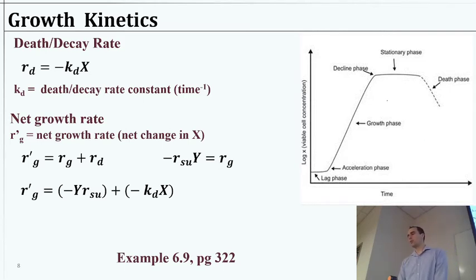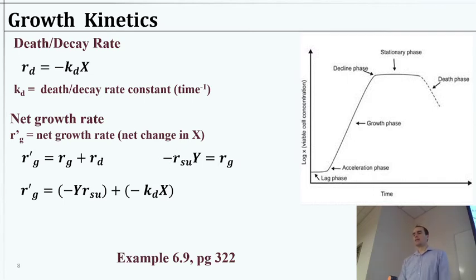So even during this growth phase, we technically have some death happening, and that's going to be factoring in, but we're growing at such a fast pace, and there's not a particular reason why they're starving at that point, that it's just way outmatched by the growth. So we can define R prime of G as R of G plus R of D. Since the negative is captured within that, it's kind of like the growth minus the death.